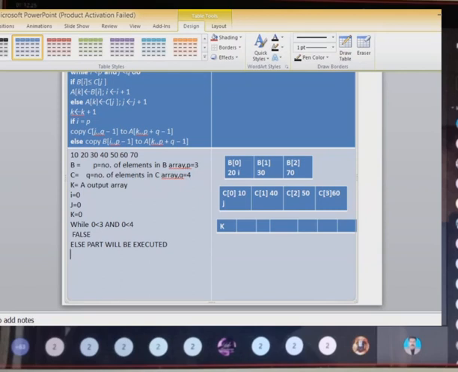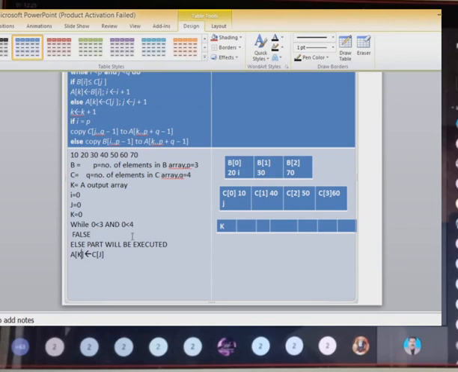What is the else part? A of K equivalent to C of J, right?